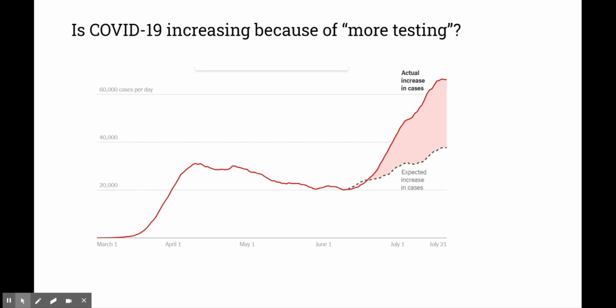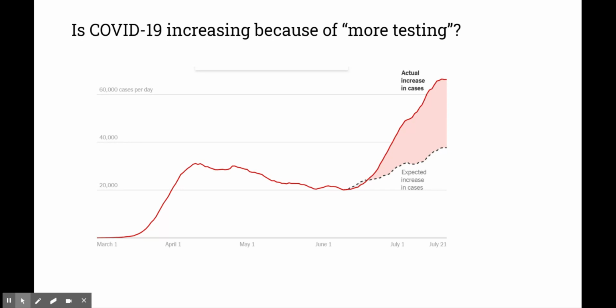But what we're seeing is that trends in the number of disease cases are a lot greater than what we would expect to see due to just surveillance. We do expect an increase in the number of cases we detect because we're doing more and more testing now than ever.